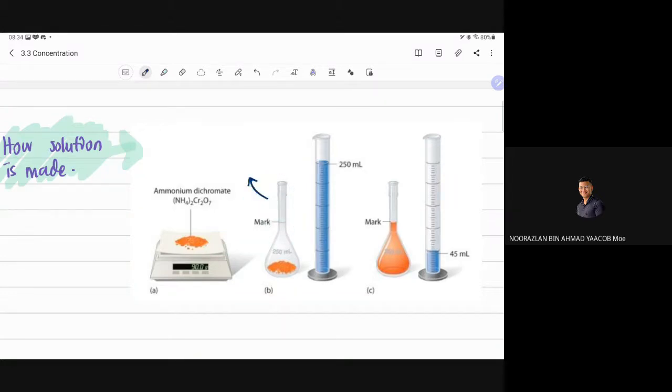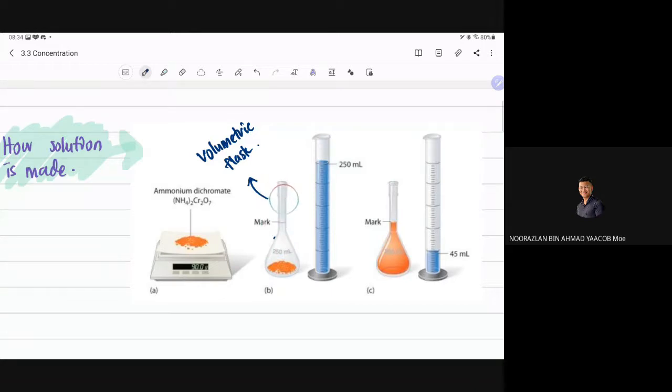Untuk buat solution, kita selalu buat dalam volumetric flask. Kalau dalam lab, kita akan guna ni lah, volumetric flask. Okay, volumetric flask ni, it comes in a fixed volume. It comes in a fixed volume. Semalam kamu buat eksperimen pun kamu guna ini juga untuk buat solution of a specific concentration.